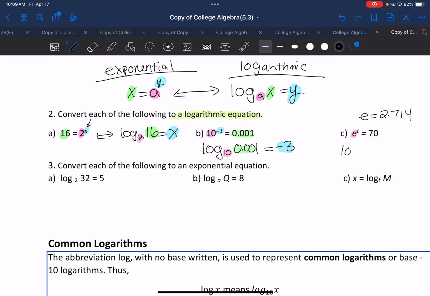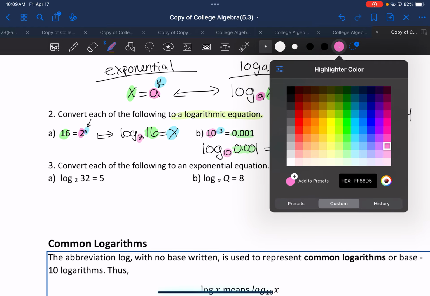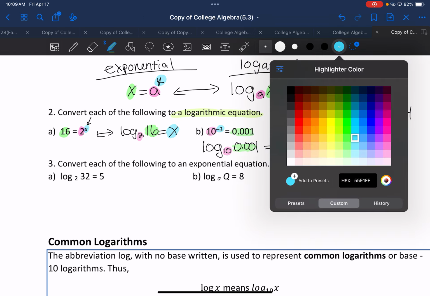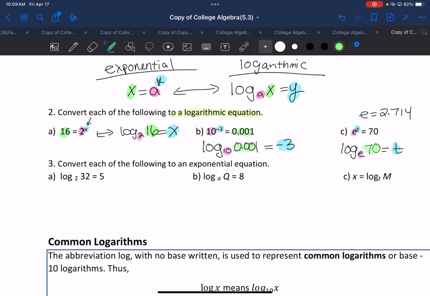So I start with log base E, and this will always be equal to the exponent of T, and then the 70 will go on the inside. So that will be the answer.